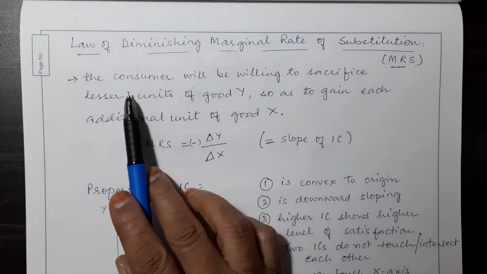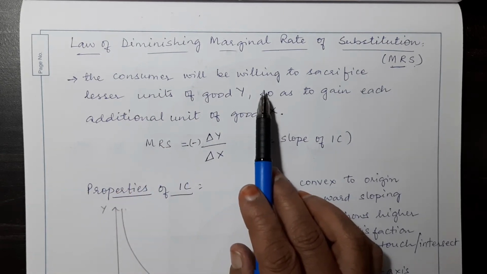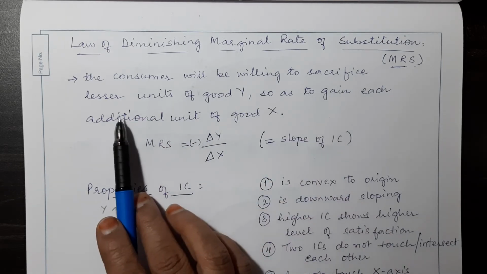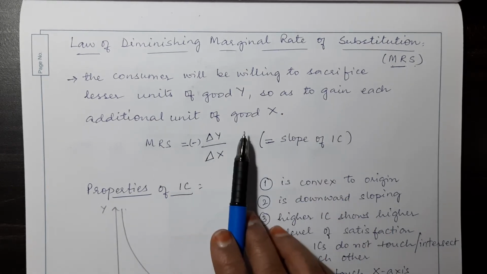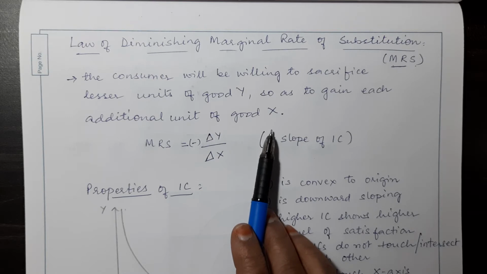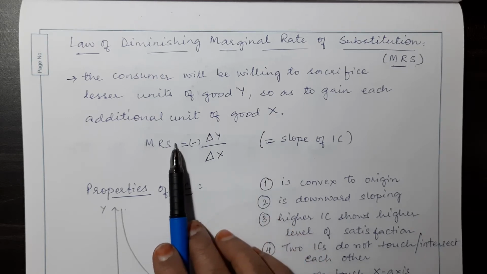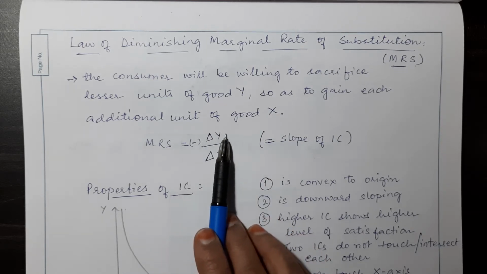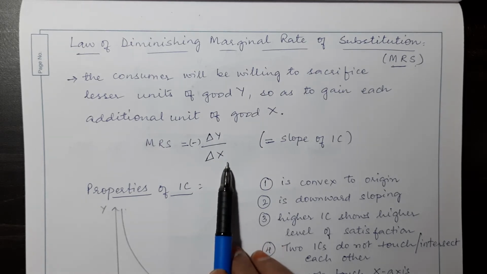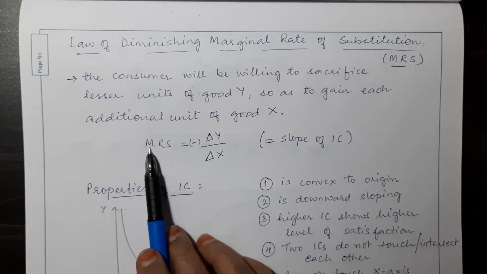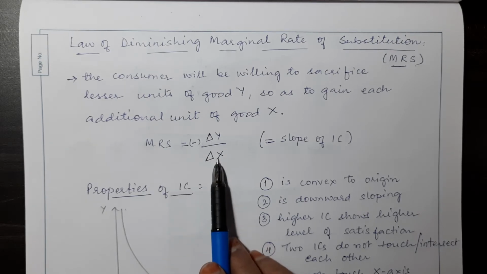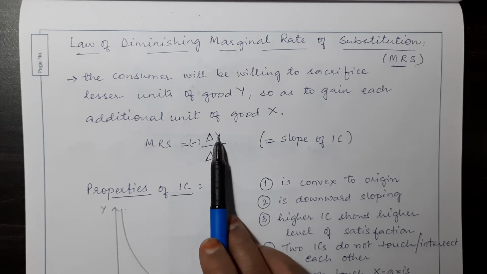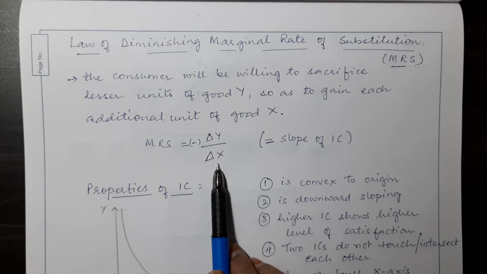The law states that the consumer will be willing to sacrifice lesser units of good Y so as to gain each additional unit of good X. So he is sacrificing certain units of good Y in order to gain an additional unit of good X, which is given by the marginal rate of substitution, which is equal to delta Y by delta X. That means certain units of good Y that are sacrificed to gain 1 unit of good X.